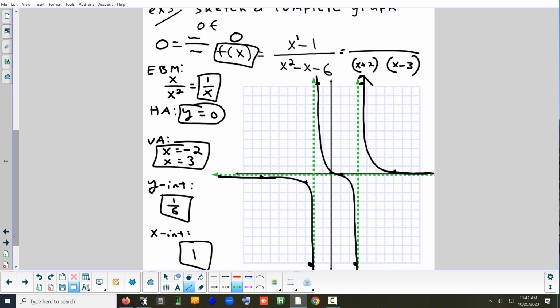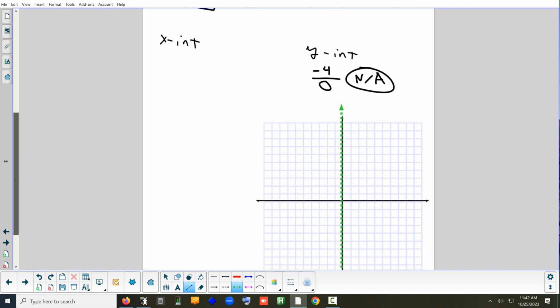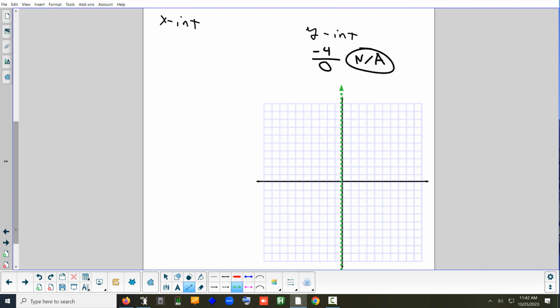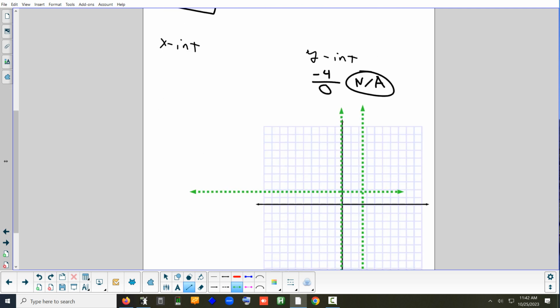You can cross the horizontal, but you can't cross the verticals. Never happens. So we got 1 at 0. We got 1 at 2.5. And then we got a horizontal at 1.5. Okay, so there's your grid.